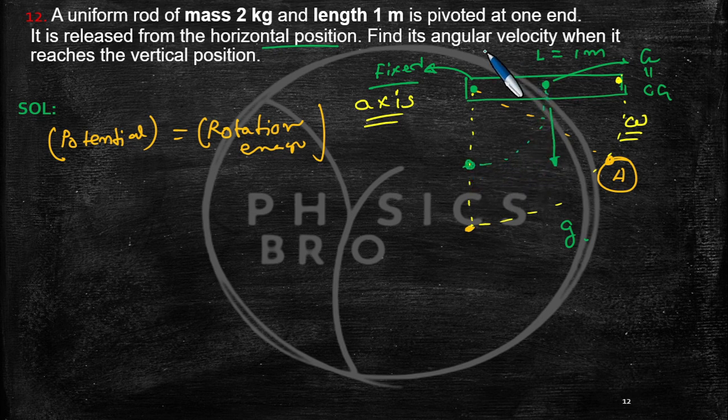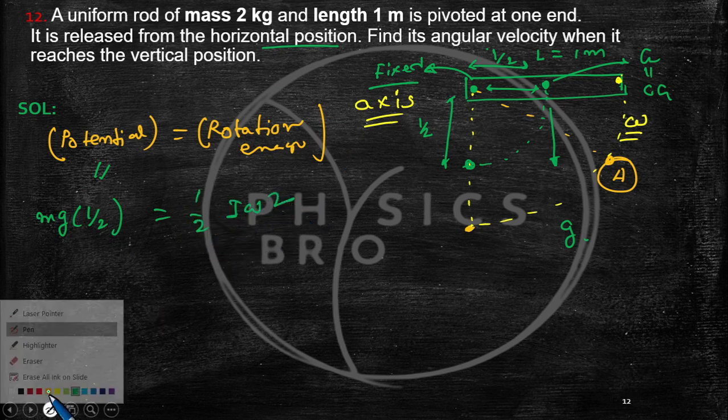If L equals 1 meter, this is half a meter, by symmetry the distance between the fixed point and G is half. So this height is half. The potential energy will be mg times h, where h is half, and the rotational energy is half I omega square.